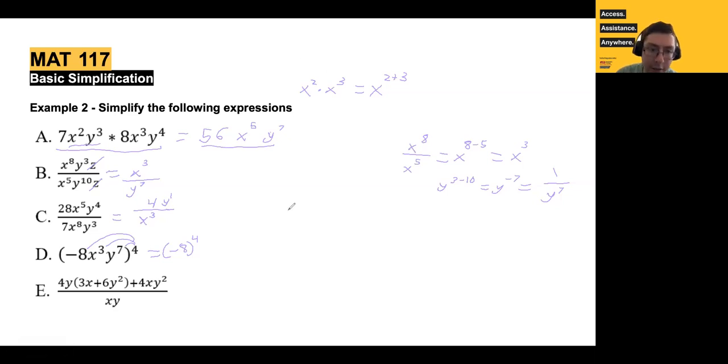And when we have x to the third and then raised to the 4th like this, we multiply the exponents essentially. So 3 times 4 is 12, so x to the 12. Then y to the 7th times 4, you get y to the 28th.